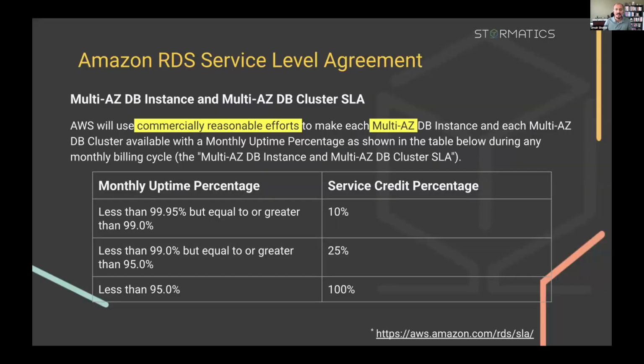Here is an excerpt from the SLA that AWS provides. In a multi-availability zone database instance and a multi-availability zone database cluster, what AWS promises is commercially reasonable efforts to maintain an uptime of 3.5 nines. So if you see over here, the best that they commit to is 3.5 nines.